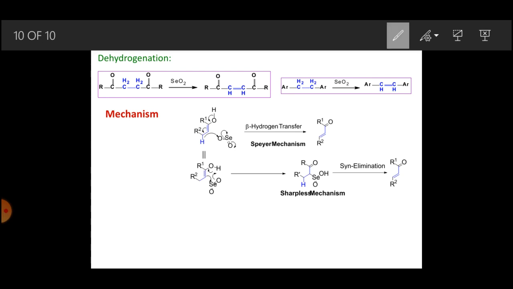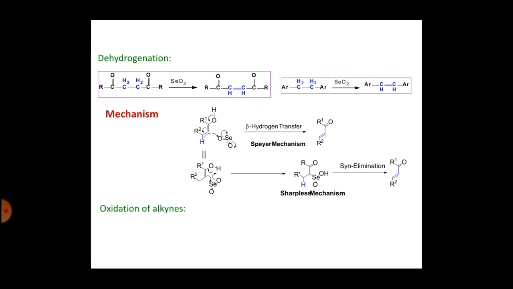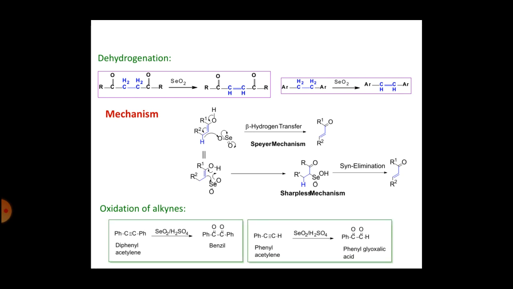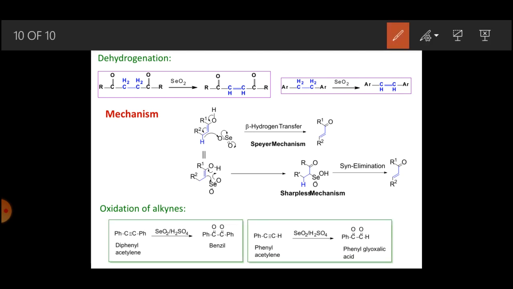Now, at the end, we will discuss the oxidation of alkyne with selenium dioxide. Selenium dioxide can very easily oxidize alkyne into a dicarbonyl compound, provided there is sulfuric acid present in the reaction.